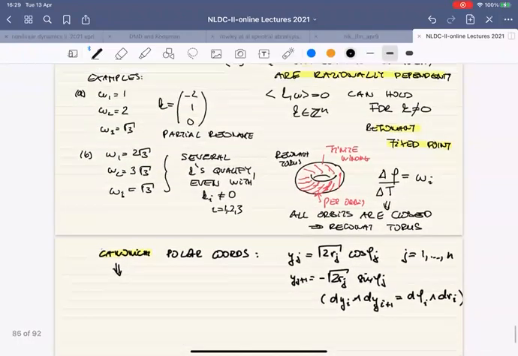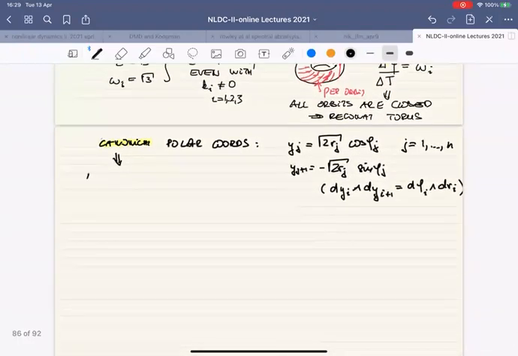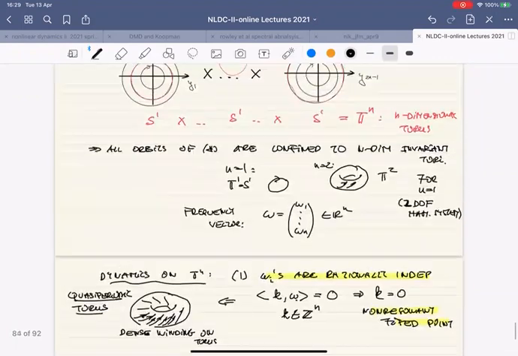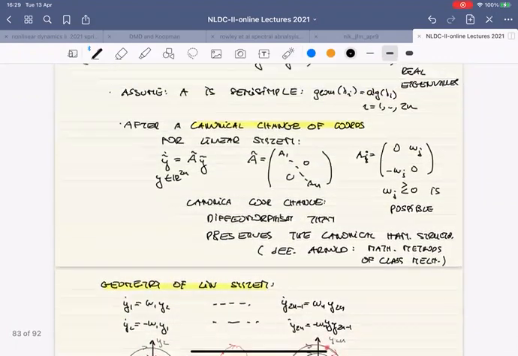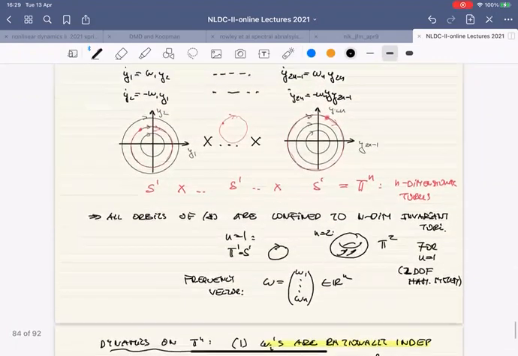And when I take the linear Hamiltonian, the new coordinates, and the linear Hamiltonian in the old coordinates, I've written it out somewhere, presumably. Did I?